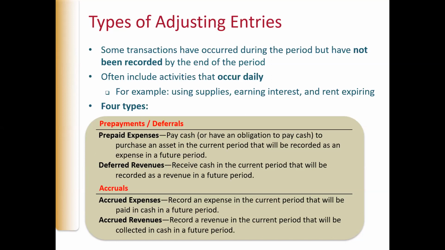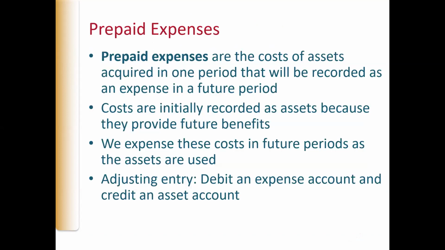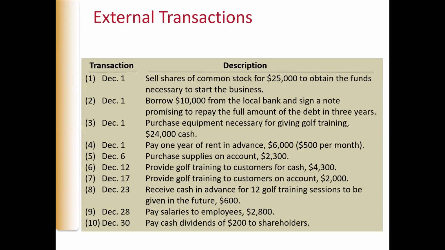Or an accrued revenue means we record a revenue in a current period that will be collected in cash in a future period. So these are the various transactions we've talked about ad nauseum.